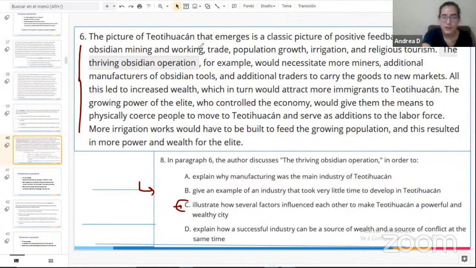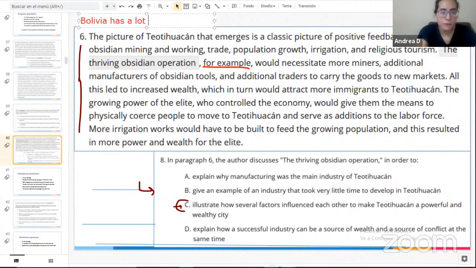Okay. All right, perfect. So I like what you're saying about the first sentence and the next idea. So you see this, for example, here, right? The thriving obsidian operation, for example, would necessitate more miners and so on. So this is exactly what you're saying. Think of this sentence, for example, if I say, Bolivia has a lot of talented people. And then I say something like, Juan, for example, is a famous singer and songwriter.